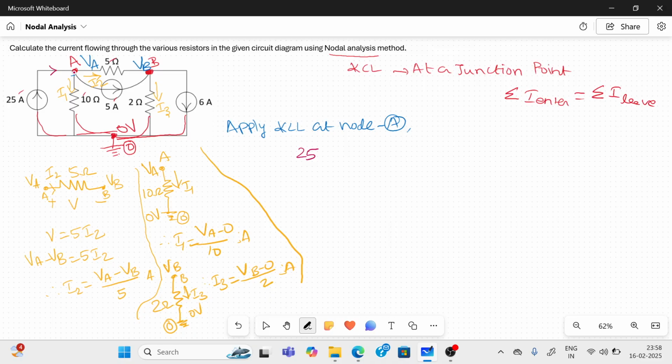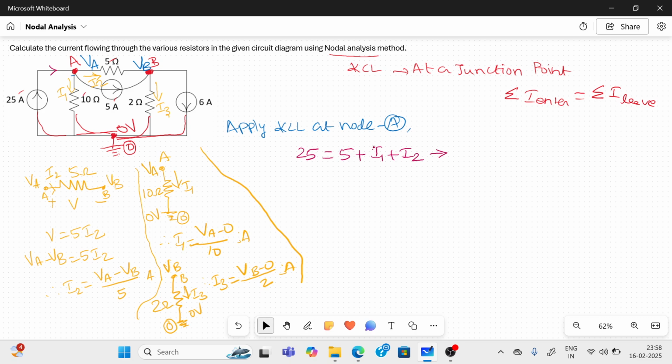Then what are the currents leaving? Three currents are leaving and only one current is entering. 5 amps is leaving, 5 plus I1 and I2 are leaving. I1 plus I2. Substitute the values and find these equations.